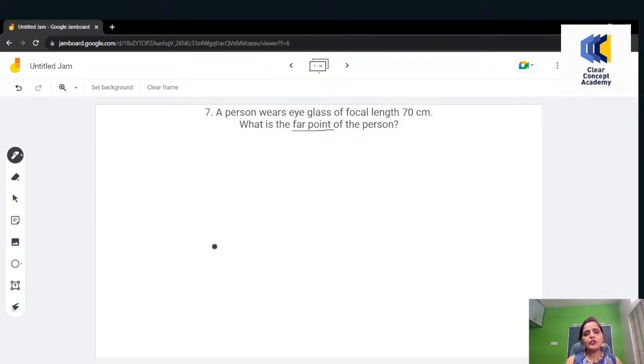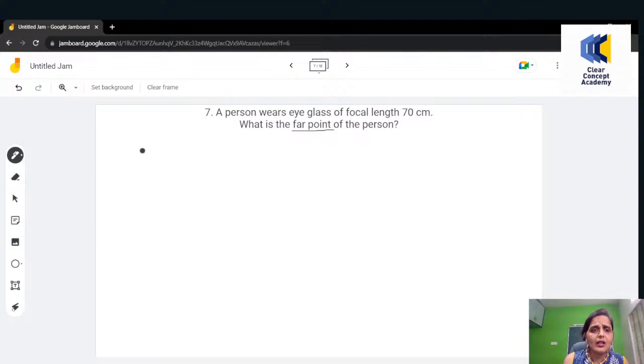Whenever there is a mention of far point of the person, it means that we are talking about the defect myopia or nearsightedness. Since it is myopia, what kind of corrective lens is used? The corrective lens that is used is the concave lens, and focal length of a concave lens is always negative.